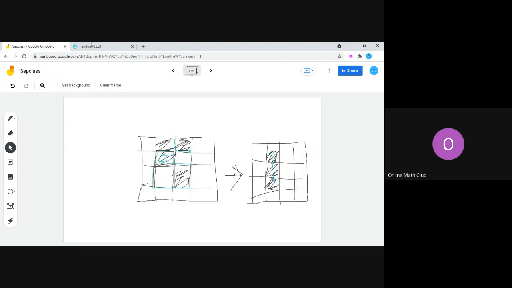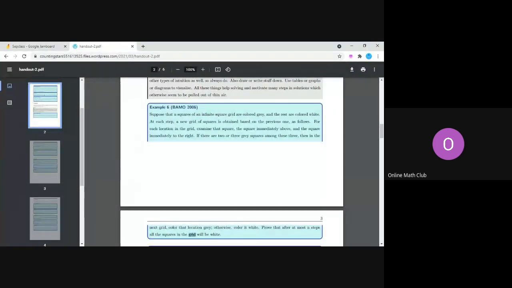What are they asking us to prove? They're asking us to prove that if n squares are colored gray, then after at most n steps, the whole grid will be white. So if the number of colored blocks reduces by one in each move, then we're done.